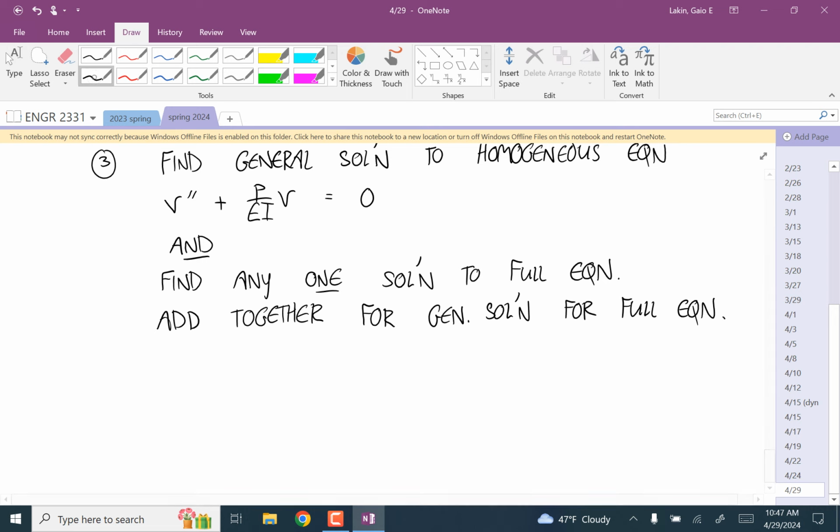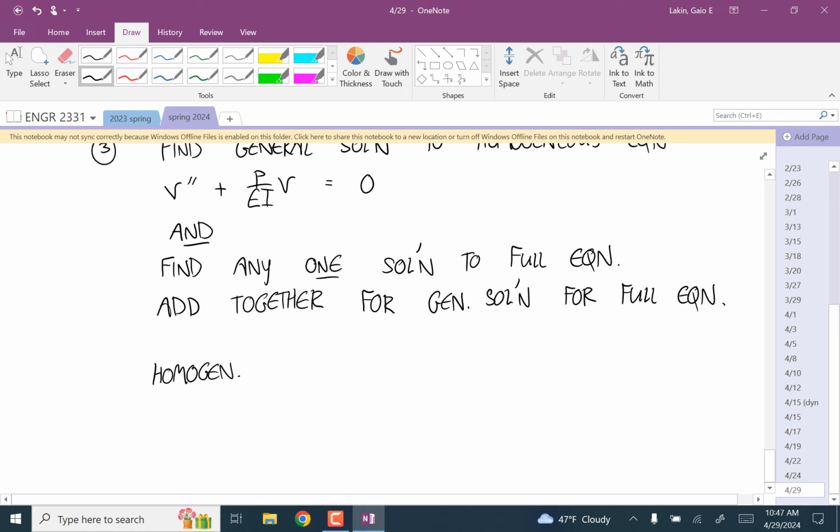Okay, so for the homogeneous equation, we're just dealing with this equation here. And so the solution is going to be that v as a function of x is equal to some c1 times the cosine of square root of P over EI times x plus c2 times the sine of square root of P over EI times x.